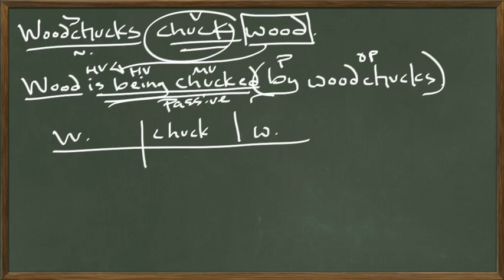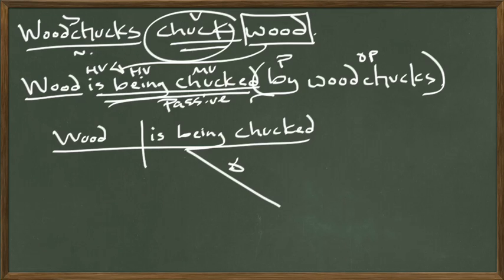To diagram it in the passive voice, we would say wood is being chucked. The entire verb phrase goes up here. Wood is being chucked. And then we have this prepositional phrase down here: by woodchucks. Wood is being chucked by woodchucks.